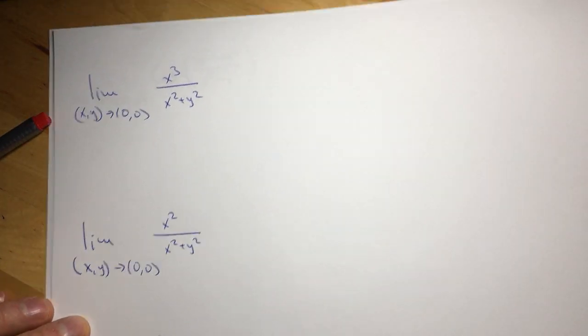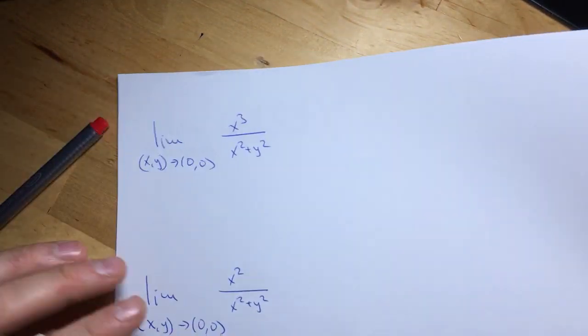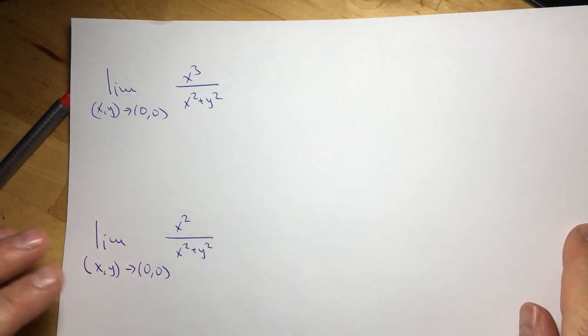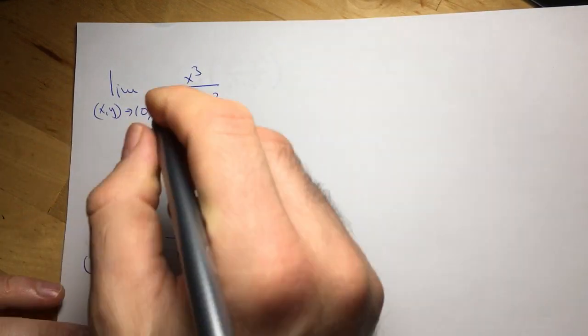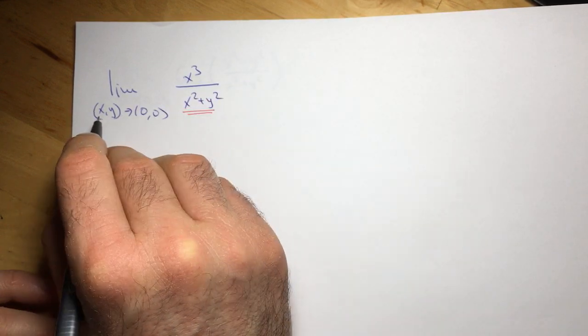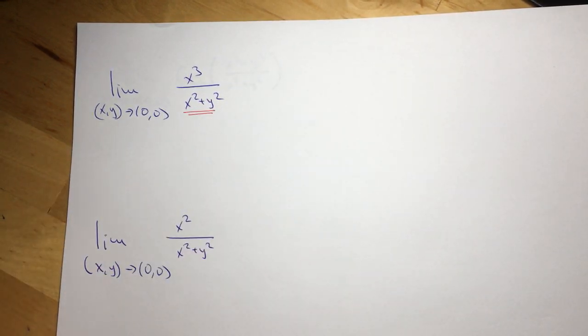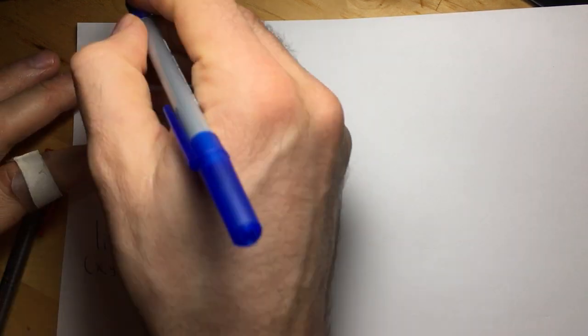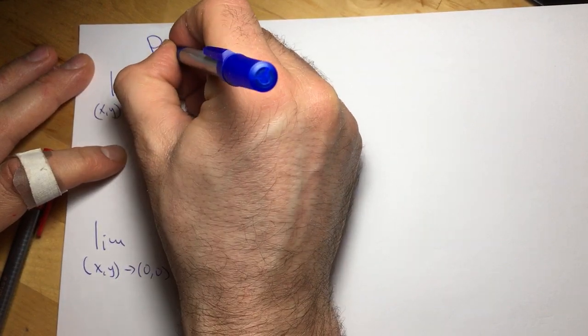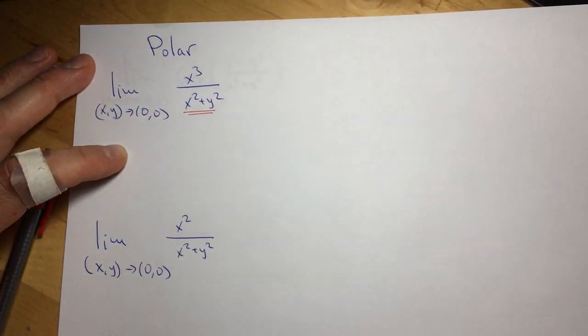Okay, now we're going to use another technique that is very convenient when we're approaching towards the origin and I have as an expression x squared plus y squared. In that case it's very convenient to switch to polar coordinates.